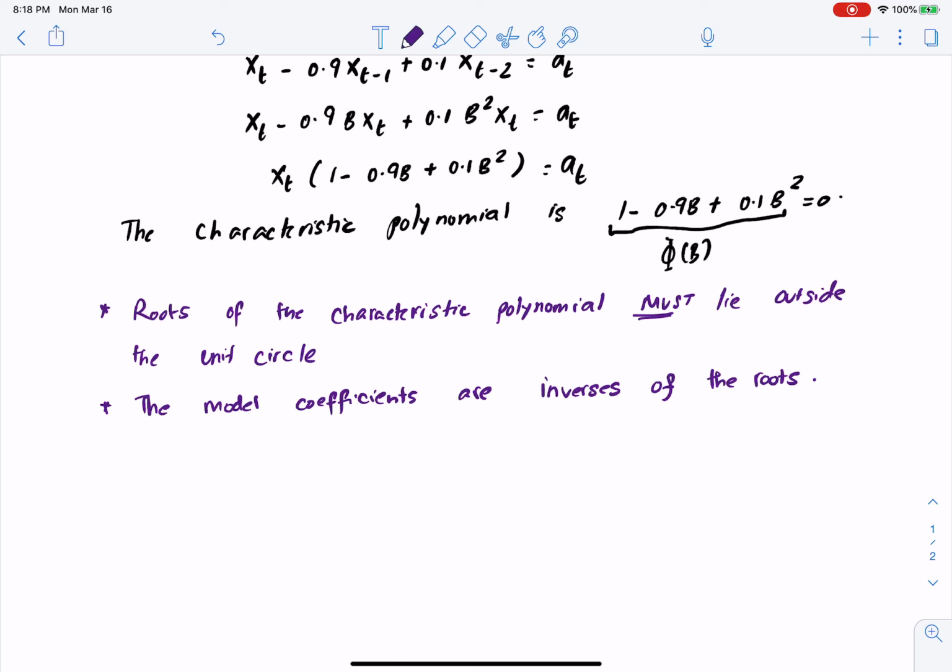So I have to make a change here. The coefficients are not inverses of the roots directly, they are functions of the inverses of the roots.